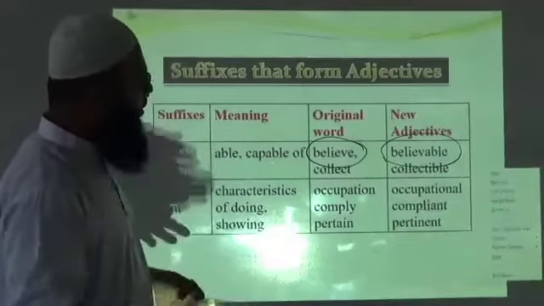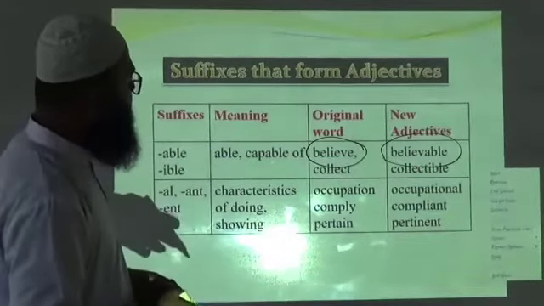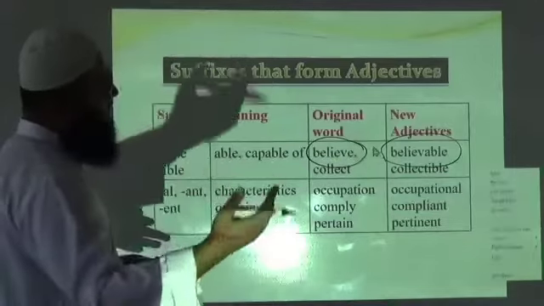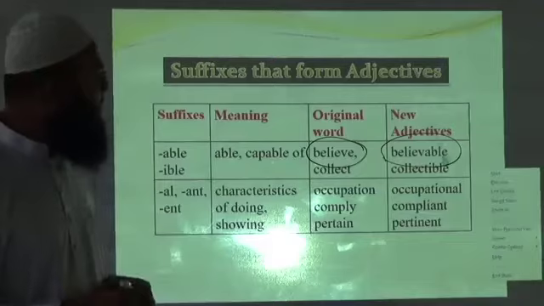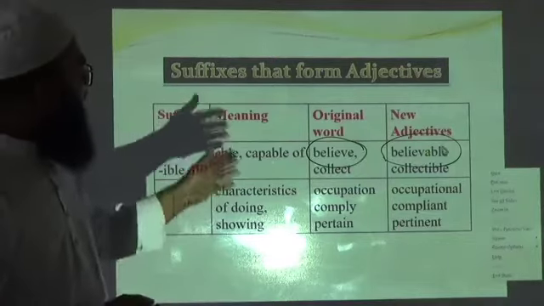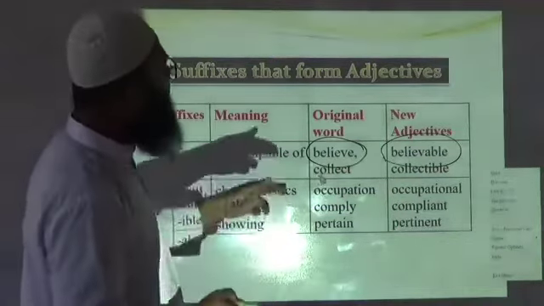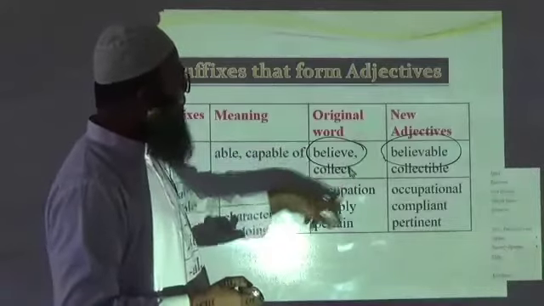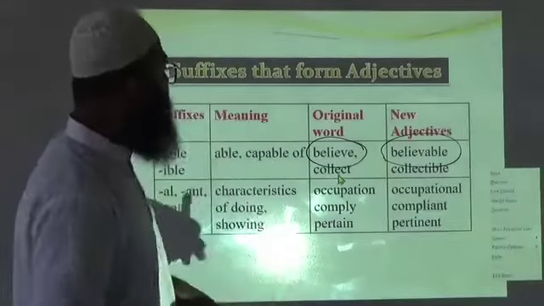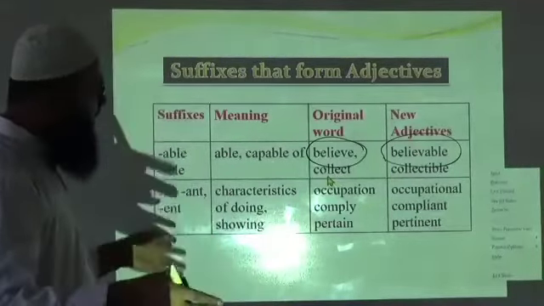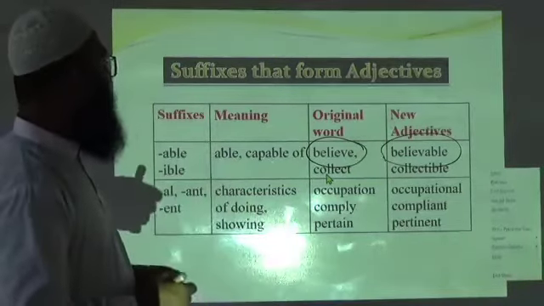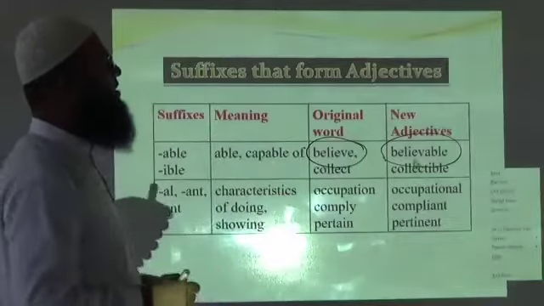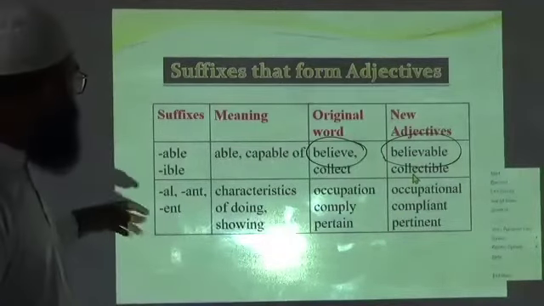Believable matter, believable story. That can be believed. Okay. Collect to collectible. That means that information can be collected. That's the condition of collect. Collect is a verb, and its adjective is collectible.